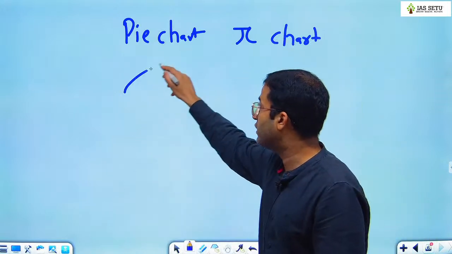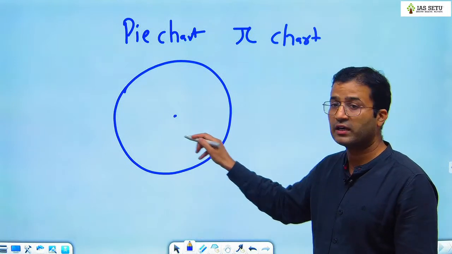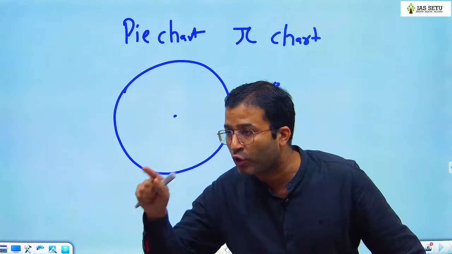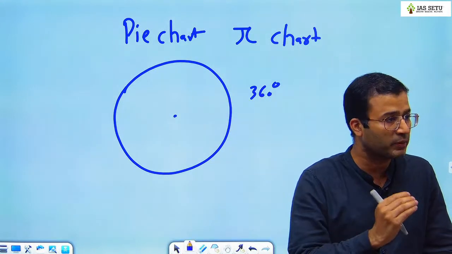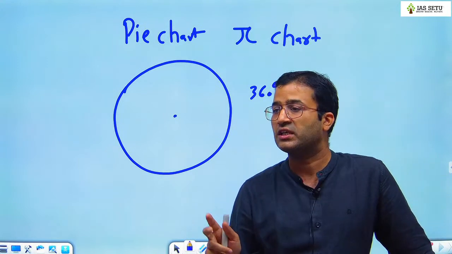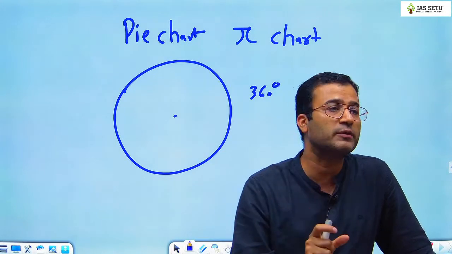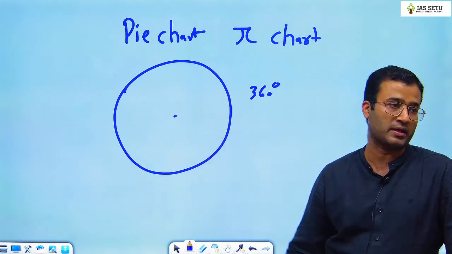A circular representation is called pie chart. Here, what is the total angle here? 360 degree. So actually angular representation is a pi representation. एक परसेंटेज की टर्म में परसेंटेशन होता है, ये angular representation. Pi is actually angle. Angular representation is known as pi representation. It is total 2 pi.